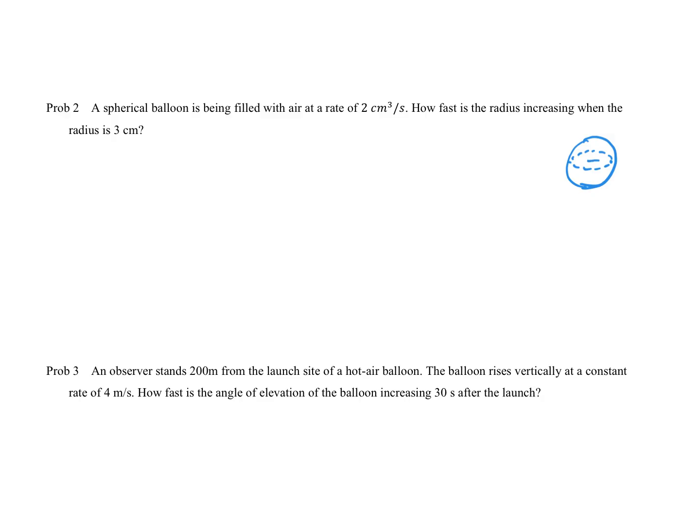And this radius, let's call it r. And we do know the volume is increasing at this rate, right? So let's introduce the volume, which is usually denoted by V. So dV dt is given. dV dt is 2 cubic centimeters per second.